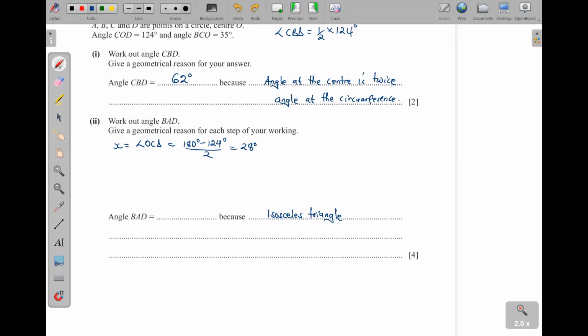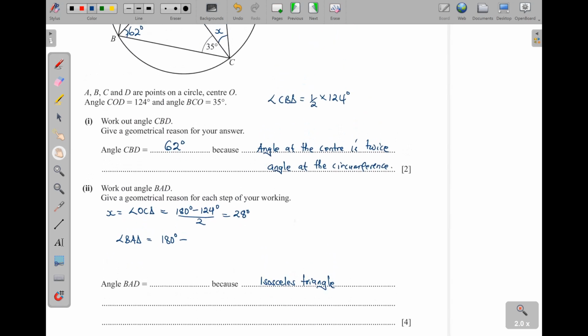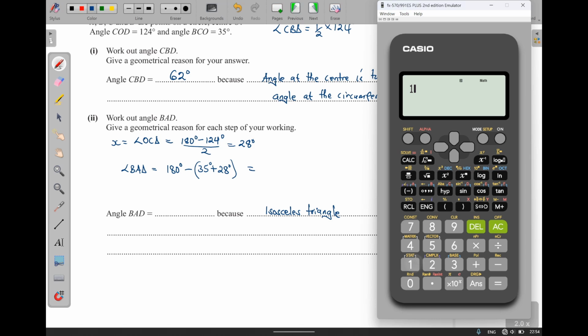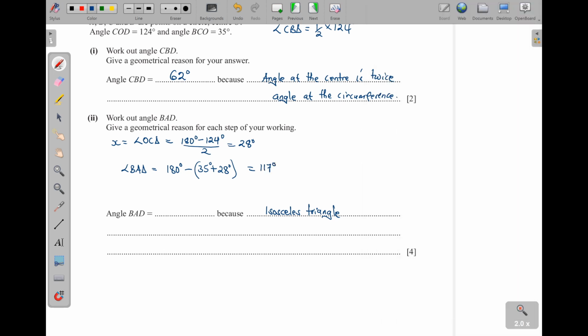Then how do we get this angle BAD? So angle BAD is going to be equal to 180, then I subtract the opposite angle 35 plus the X I've gotten. 35 then plus the 28 here. So when we put in the calculator here, what do we get? 180 minus 35 added to 28. This one gives us 117. So I'll write 117 here.